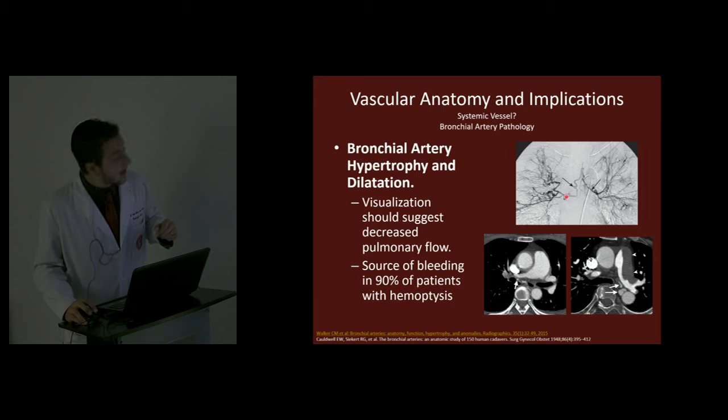And in this example, in this angiography, we can observe some hypertrophied right and left bronchial arteries in a patient with cystic fibrosis. And this contrast tomography shows us a patient diagnosed with Takayasu disease, an increased pulmonary trunk, plus some bronchial artery dilatation.